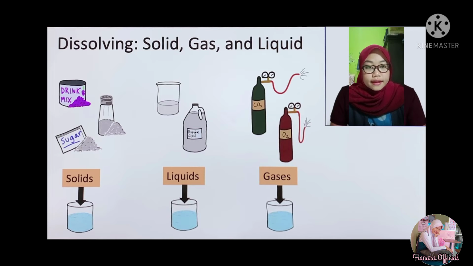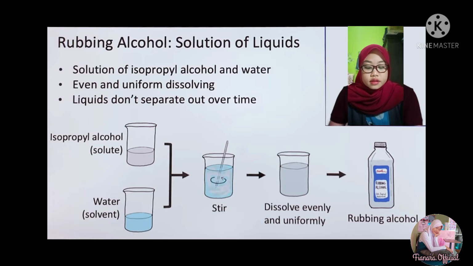Now, let's look at examples of some of these other solutions. Here's an example where we make a solution by mixing two liquids. The rubbing alcohol in your medicine cabinet is a solution of isopropyl alcohol mixed with water. That water is the solvent and alcohol is the solute.